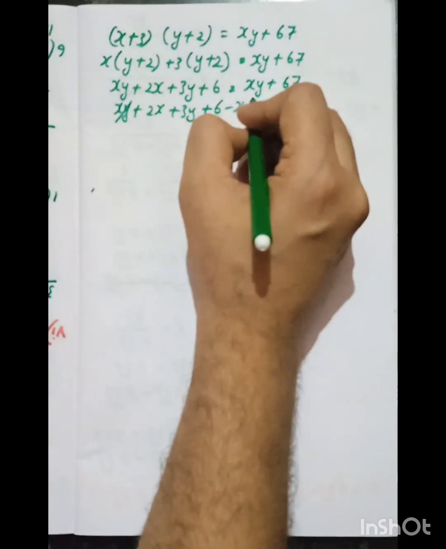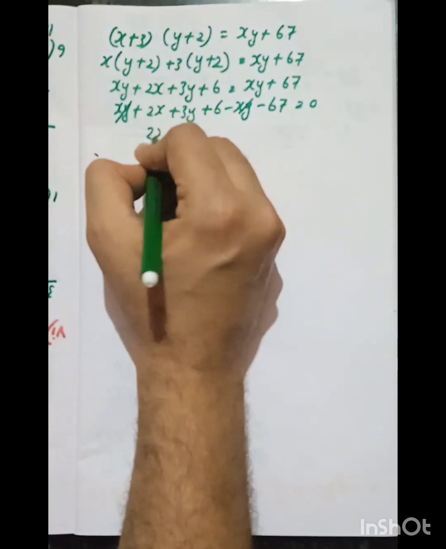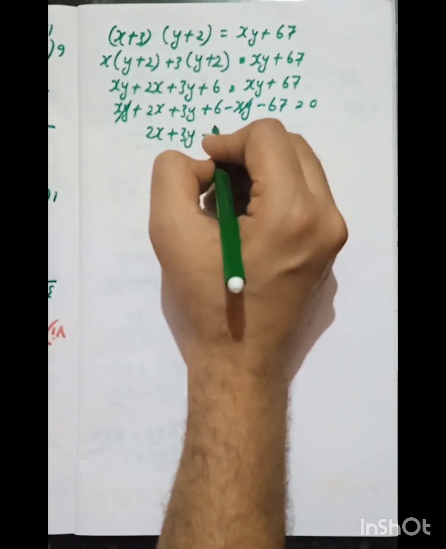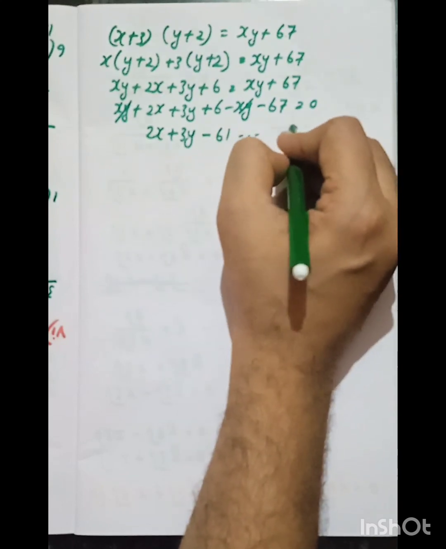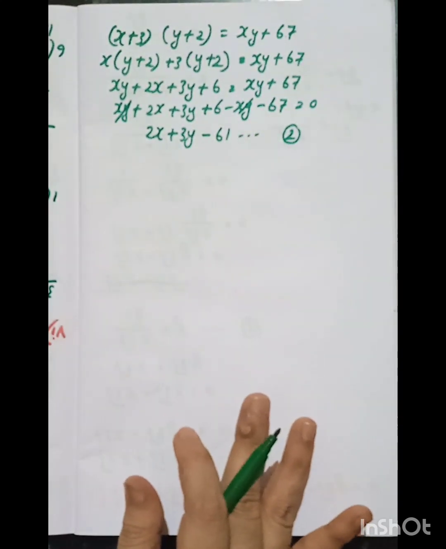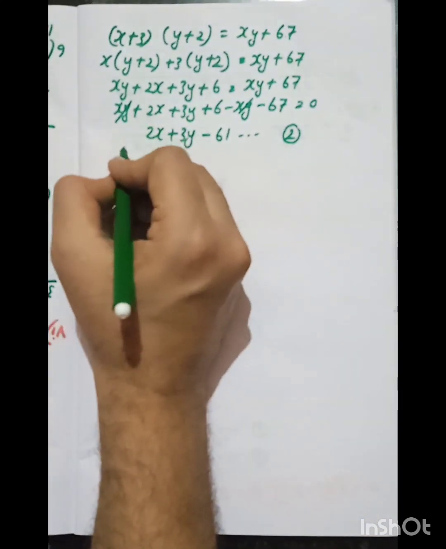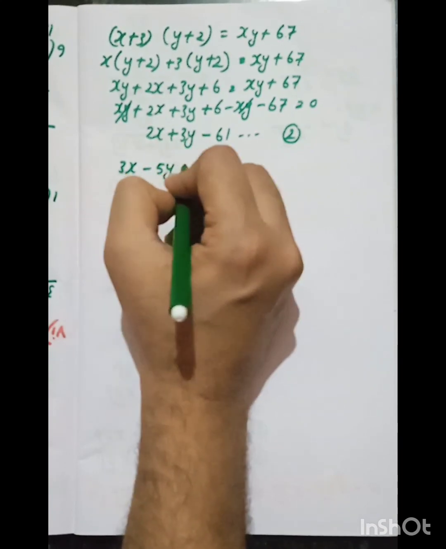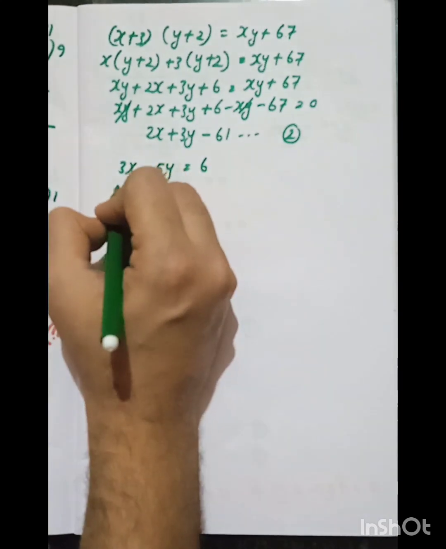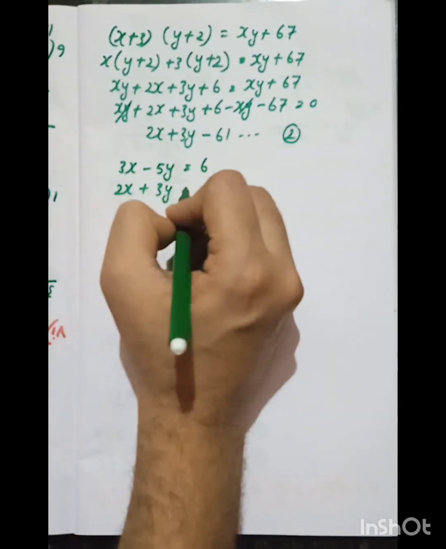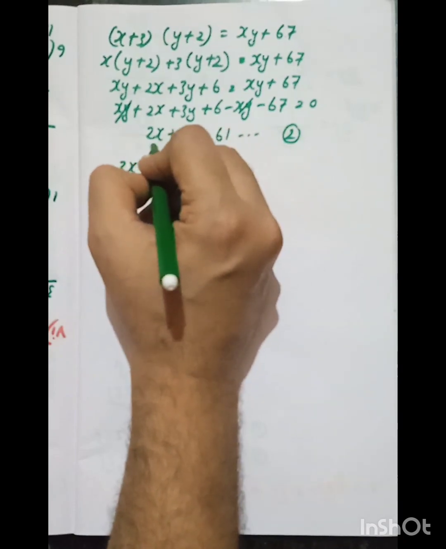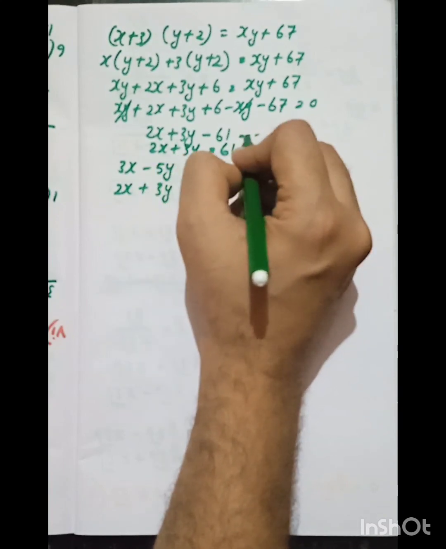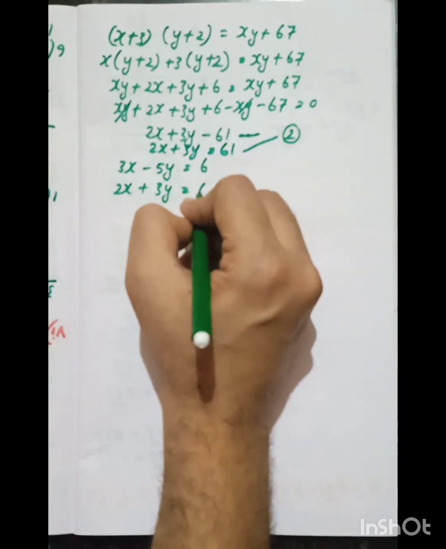Plus xy minus xy get cancelled, 2x as it is plus 3y plus 6 minus 67, that is minus 61. Take it as equation 2. Now simplify equation 1 and equation 2. The first equation is 3x minus 5y equals 6, and the second equation is 2x plus 3y equals 61.